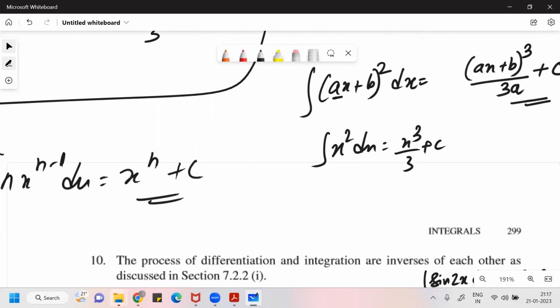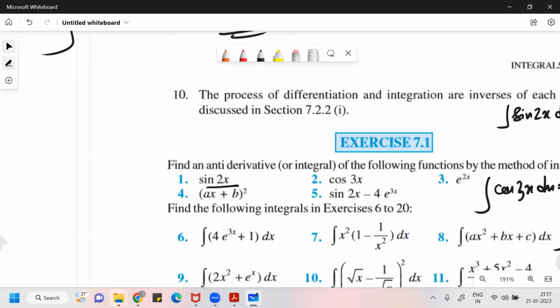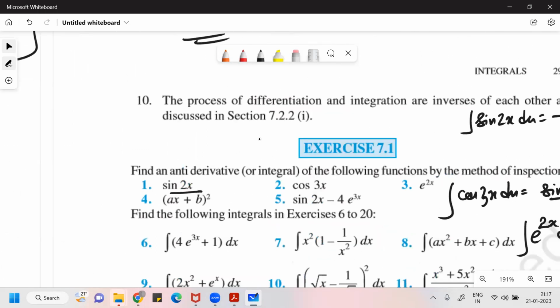Then question number 5. You know the integration of sine x is minus cos x, and e to the power x is e to the power x only.